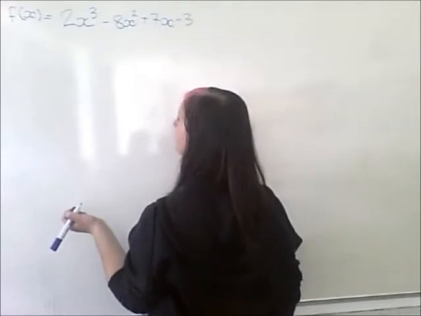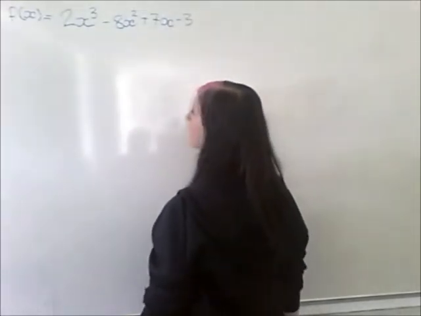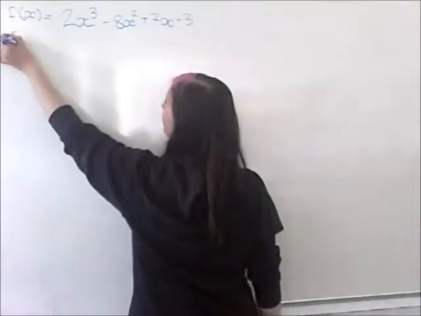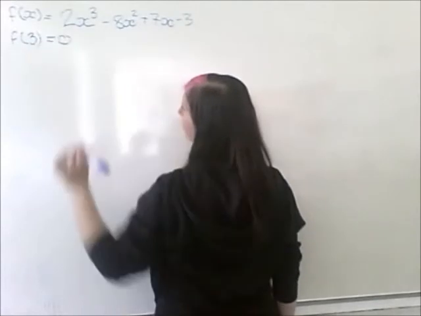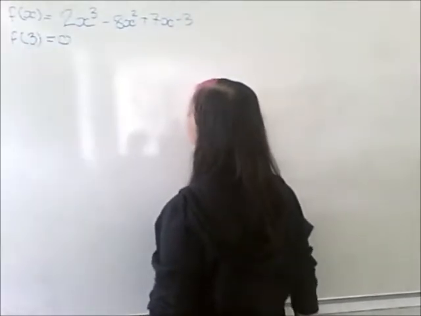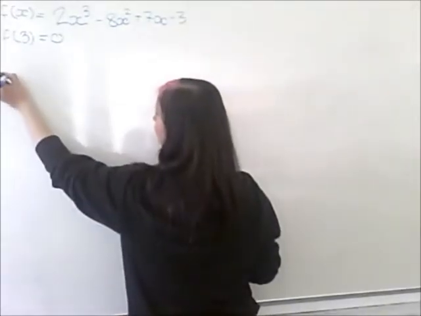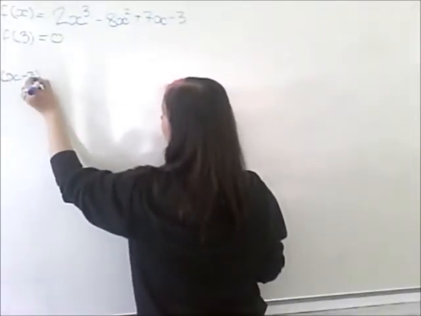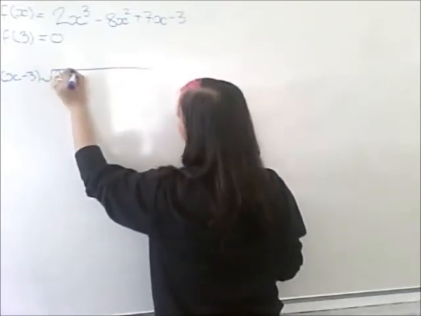Let's look at an example. Using factor theorem, we find that by substituting 3 into the equation, the function equals 0, as 2 lots of 3 cubed minus 8 lots of 3 squared plus 7 lots of 3 minus 3 is 0. So, knowing that x minus 3 is a factor, we can use algebraic long division to try and find the other factors.